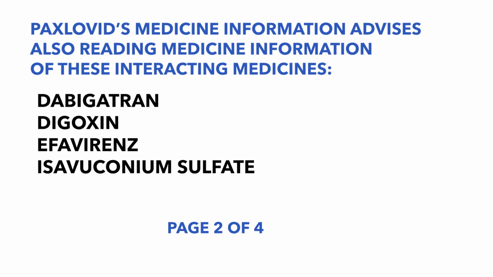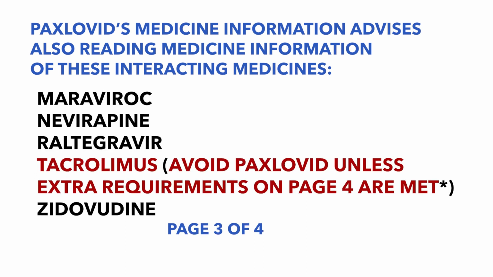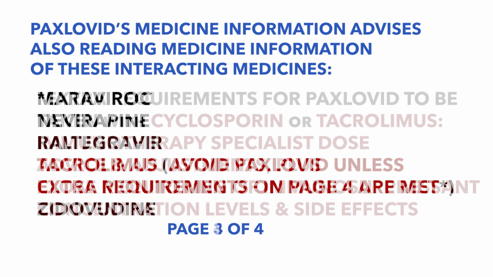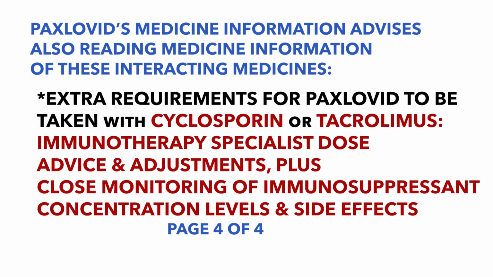Please note that according to the current Paxlovid product information on the 13th of February 2023, Paxlovid should be avoided if someone is taking cyclosporin or tacrolimus, unless extra requirements are met, like immunotherapy specialist advice about dose adjustments and close monitoring of the person's immunosuppressant concentrations and side effects.